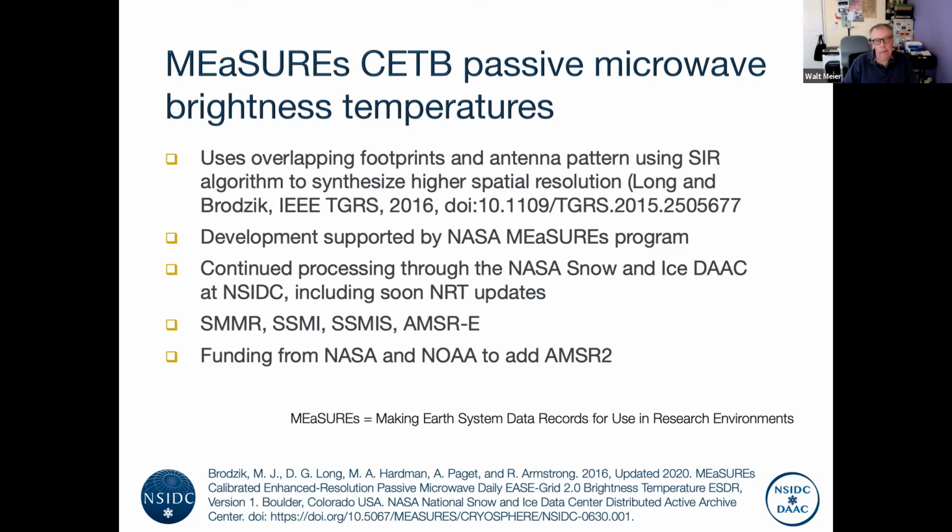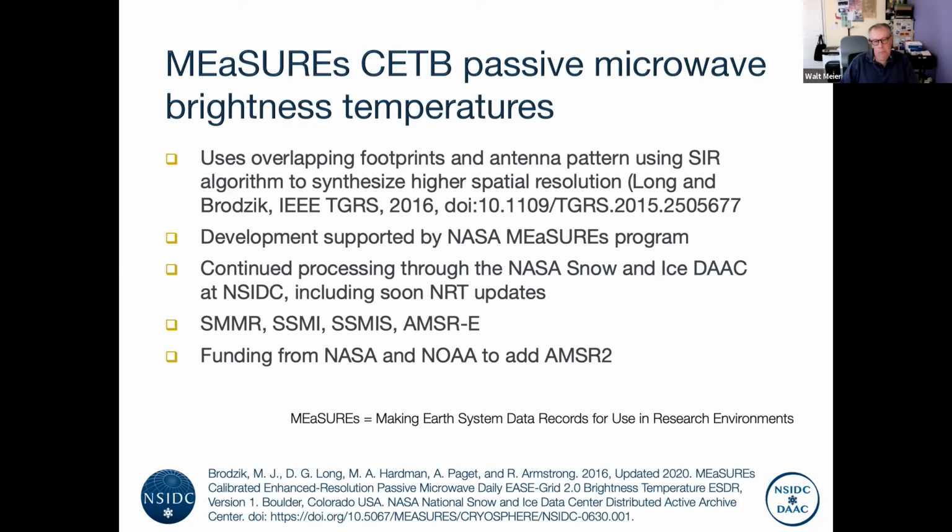That product was originally released in 2016 or 2017, and then that MEaSUREs project ended, so that was the end of that production and development. But through the NASA Snow and Ice Distributed Active Archive Center, or DAAC, which is at NSIDC, we have taken over production of that product, and it is now being regularly updated roughly once a year.